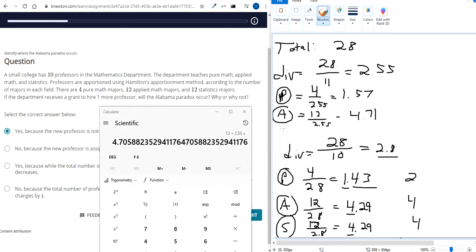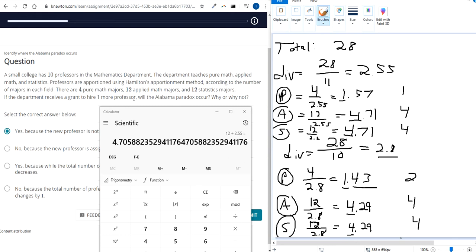And then for statistics, it's the same thing. It's 12 divided by 2.55, so that's going to be 4.71 again. Okay, so if we apply Hamilton's method, 1 here, 4 here, 4 here, that means we're supposed to have 1 professor, 4 professors, and then 4 professors. That adds up to 9.